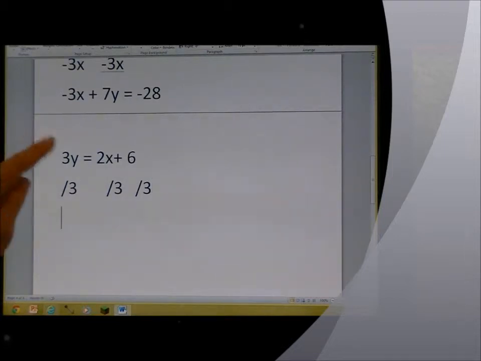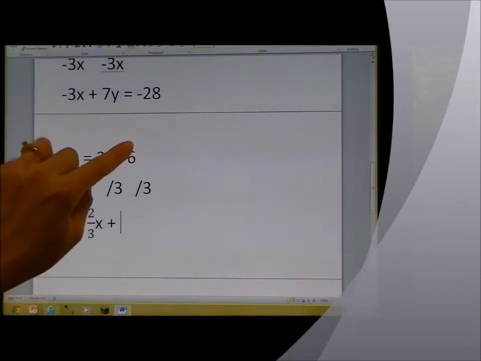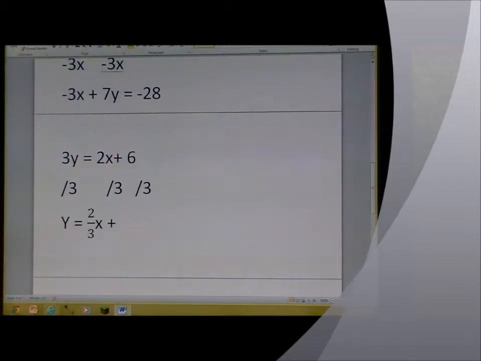When we divide 3y by 3, that's 3 over 3, which is 1, so we can just write y. And 2x divided by 3 is 2/3 x. Then plus, and I could write it as 6 over 3, but I know that 6 divided by 3 is 2, so I'm just going to write 2.